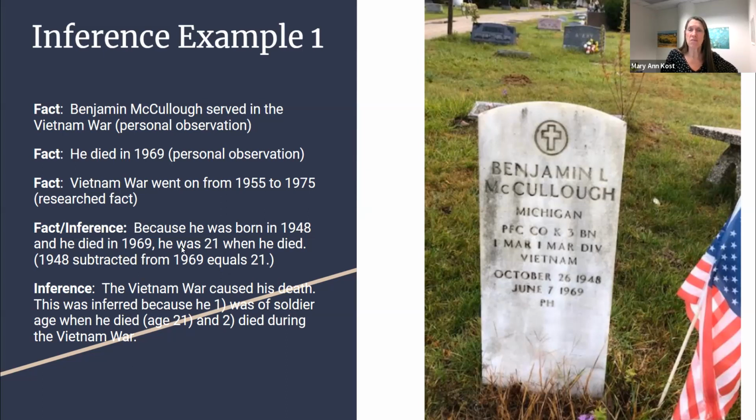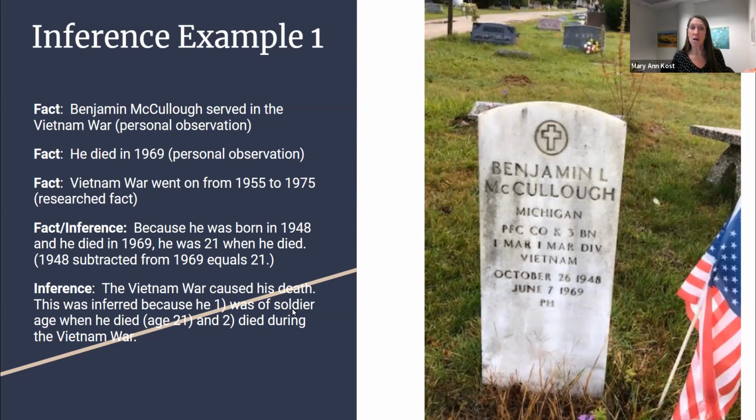Then we have a fact or an inference. We do some calculations in our head. So if he was born in 48 and he died in 69, if we subtract that, it equals 21 years old. And so what you might infer is that the Vietnam War caused good old Ben McCullough's death. And this was inferred from a logical conclusion.